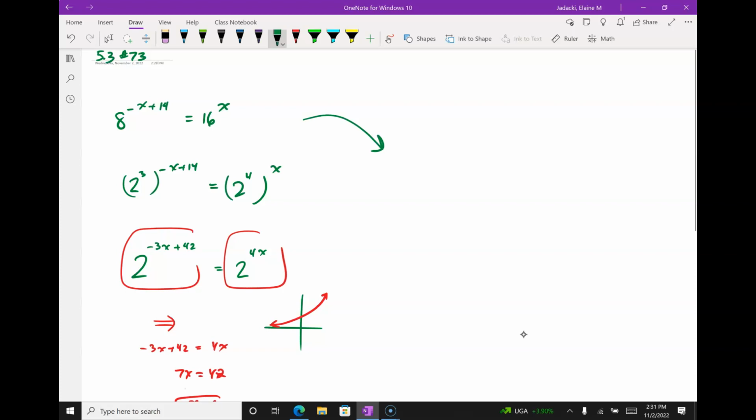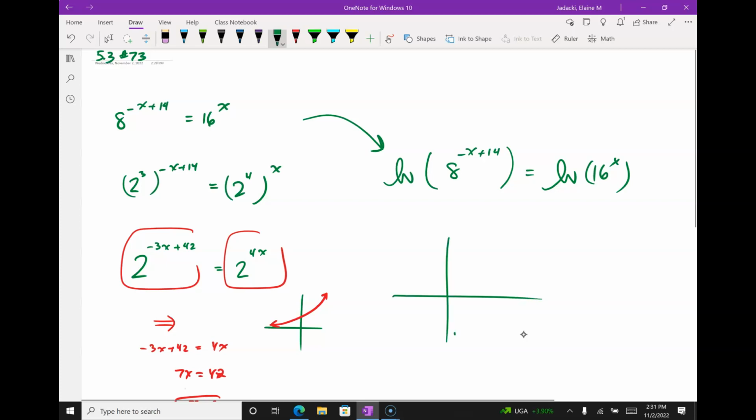I'm going to take the ln of both sides. What allows me to do that? I'm composing what kind of functions with what kind of functions?